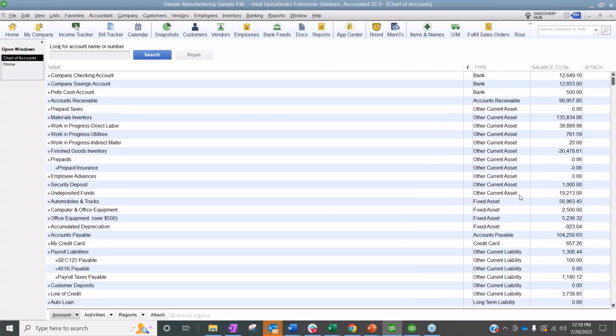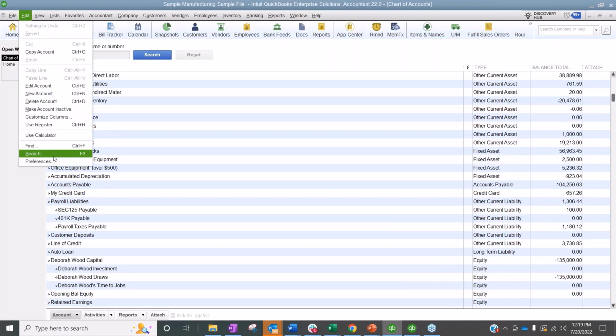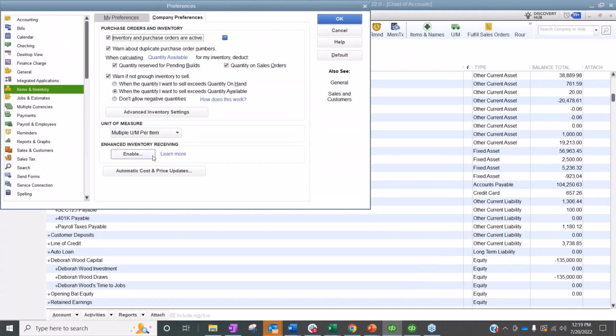So I will just say, because this is one that I kind of do a speech on, because I work with a lot of inventory clients, the inventory offset account is the one account that, when you turn on enhanced receiving, people tend to have no clue what it is, right? Because it says inventory in it, they don't understand what you do with it.